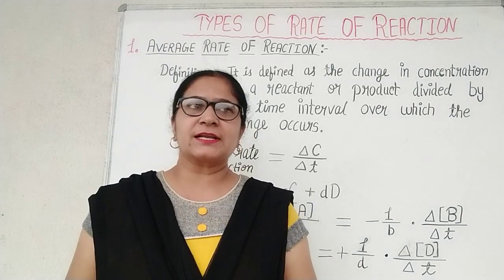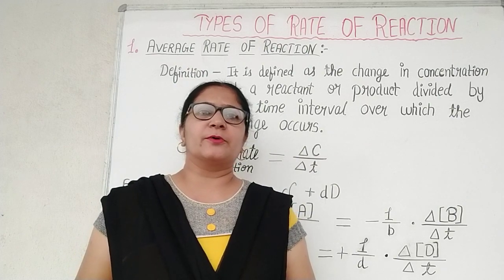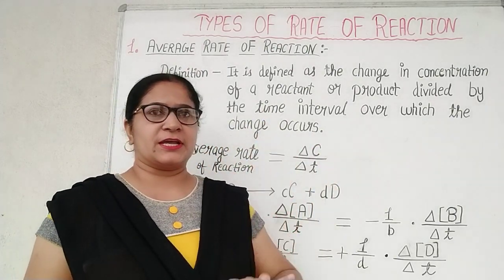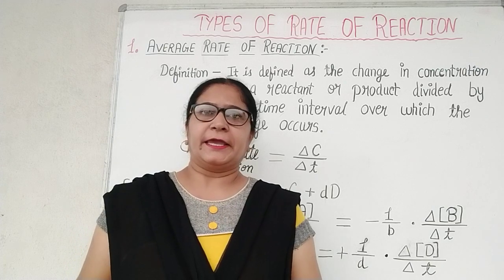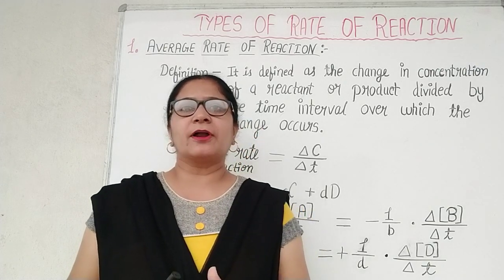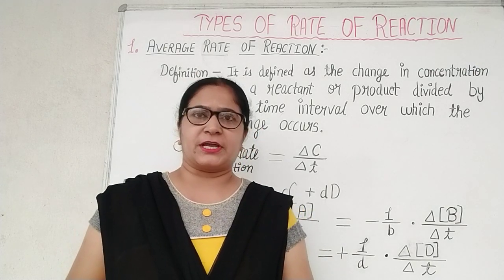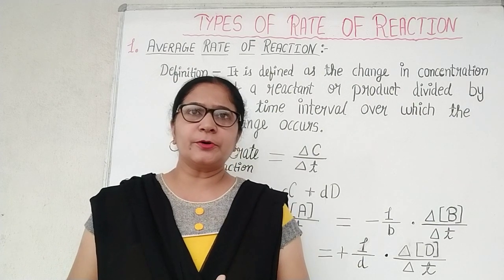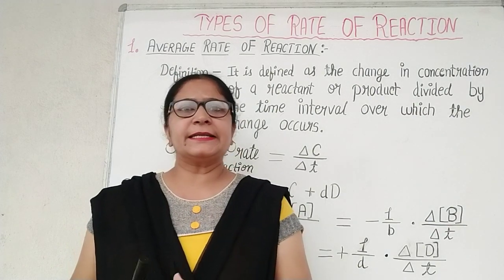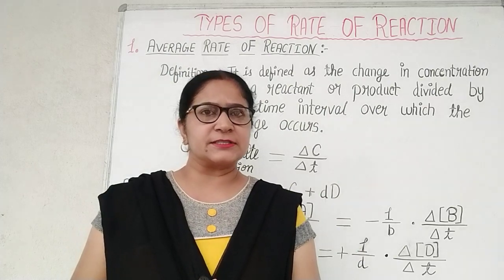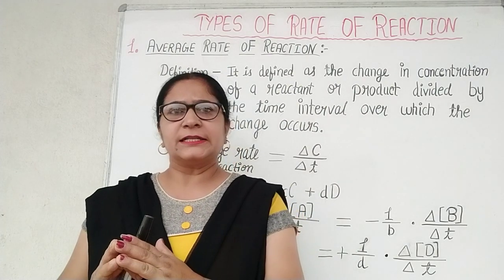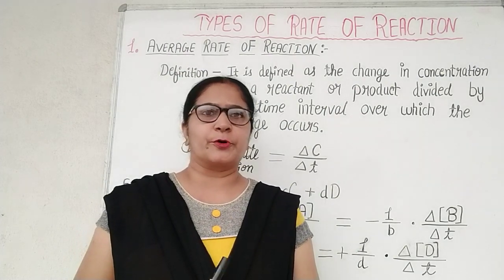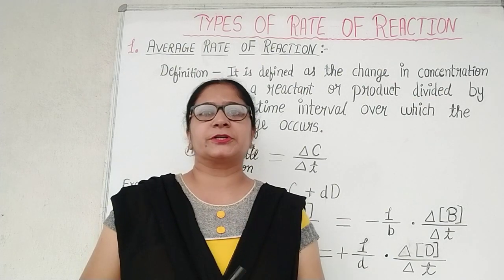Now in today's class, we are going to discuss the types of rate of reaction. Students, in our previous class, we had already discussed rate of reaction. We all know that rate of reaction is nothing but the change in concentration of reactant or the change in concentration of product with respect to time.